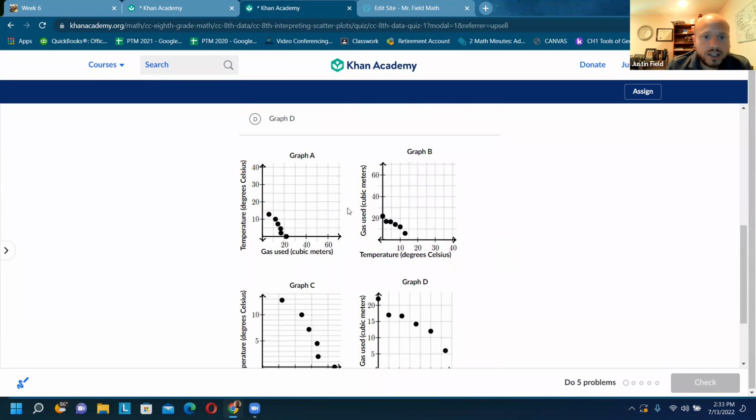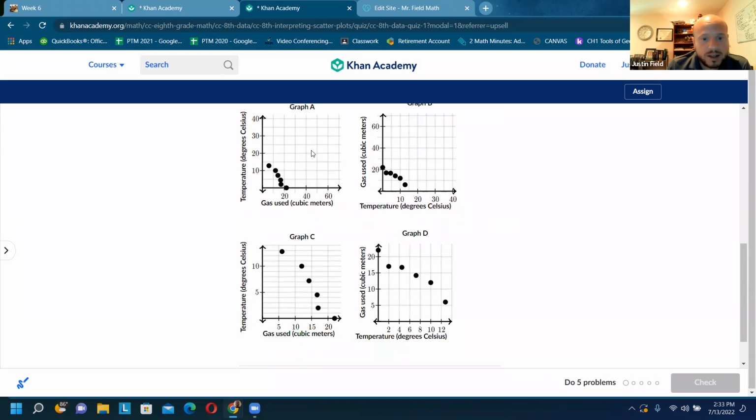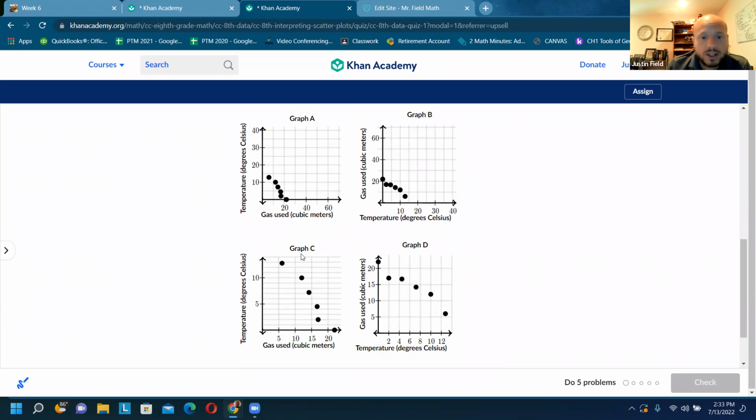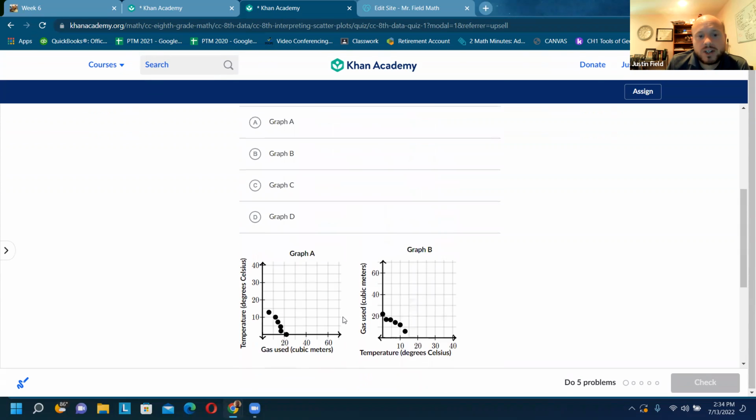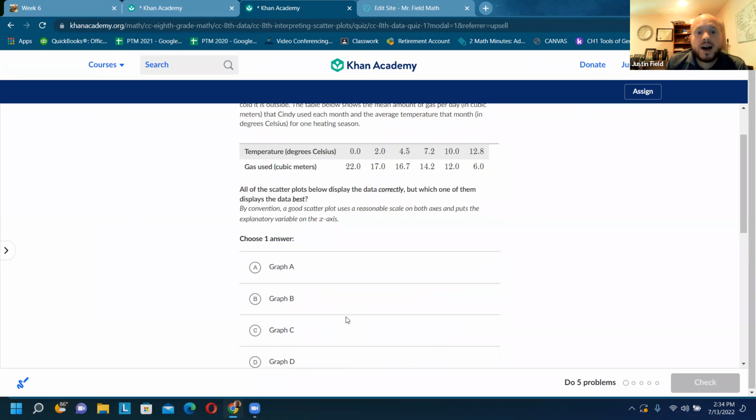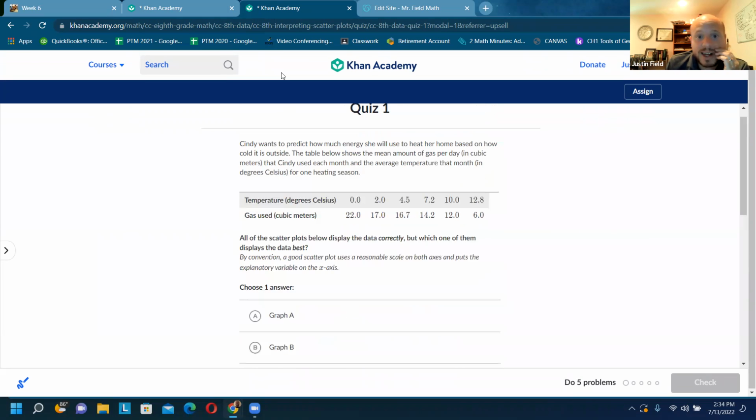So the first thing is we want the data to be spread out. So it can't be A or B because that doesn't give you a zoomed in picture of the shape. The second thing is we want to make sure that the independent value is on the x-axis and the dependent value is on the y-axis, or in this case, it's called the explanatory variable and the response variable.